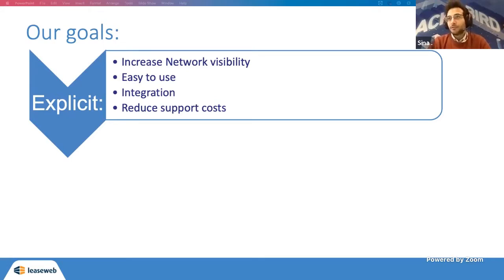It would be nice if it were integrated into the customer's monitoring system, if possible. With all of this, we want to reduce the support cost, because sometimes it takes a lot of effort and time for us just to detect what's wrong.